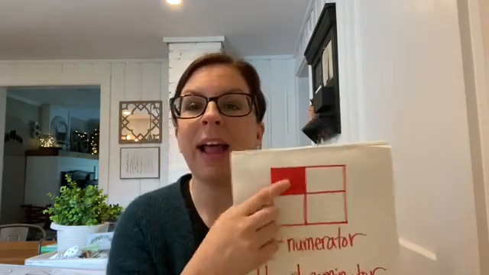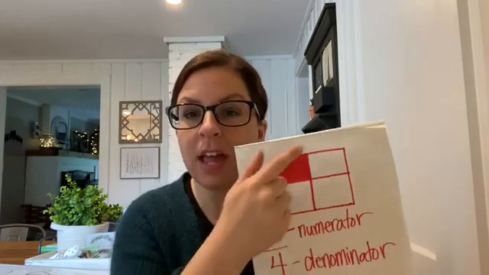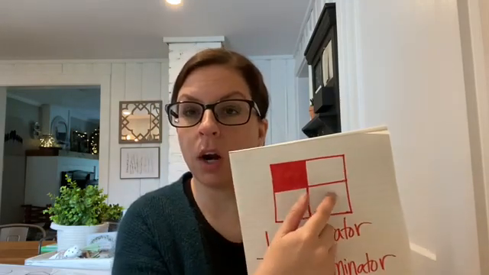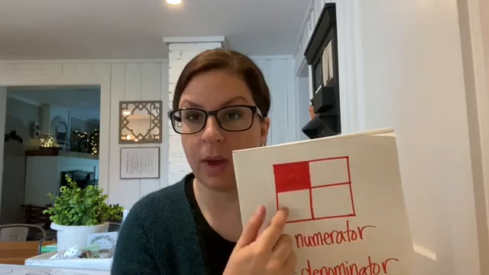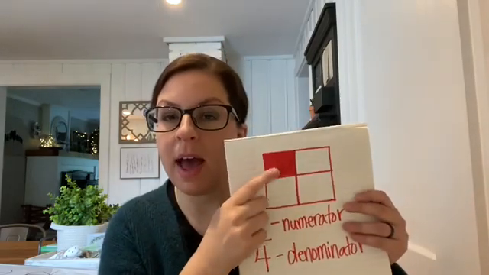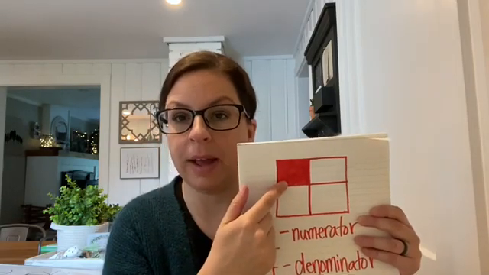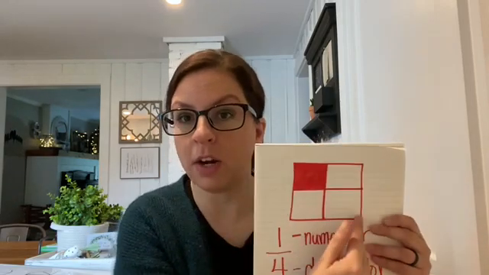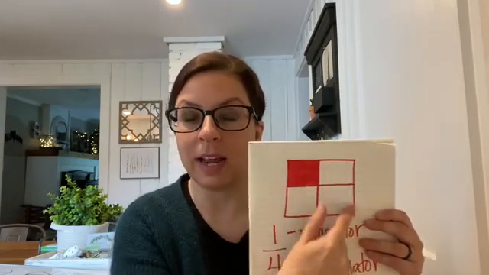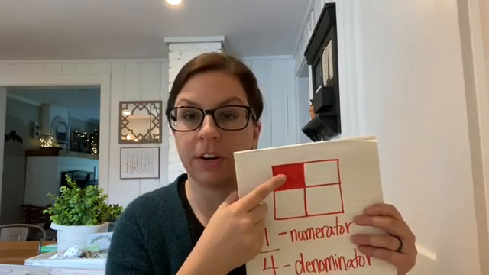This one whole rectangle is divided into 4 pieces, okay? And I have 1 out of the 4 pieces colored in red. So there are 4 pieces total in my one whole rectangle, and 1 out of those pieces is colored in red.